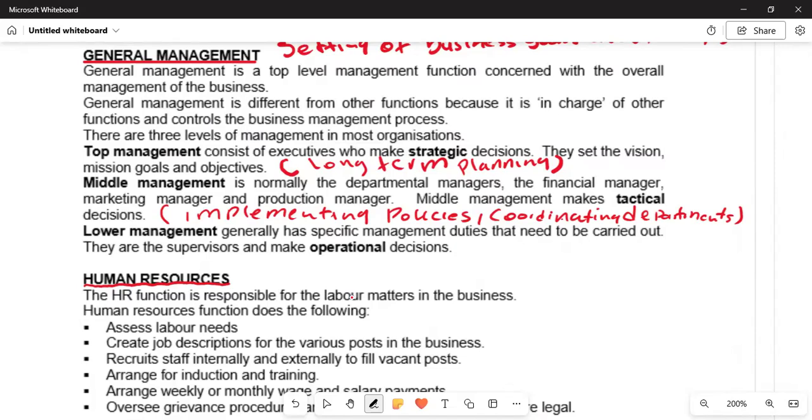Now we come to lower management. So with lower management, they're saying it generally has specific management duties that need to be carried out. They are the supervisors. And they make what? Operational decisions. Meaning to say they make operational management.